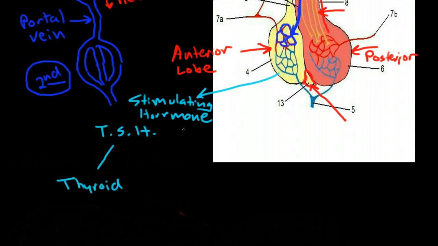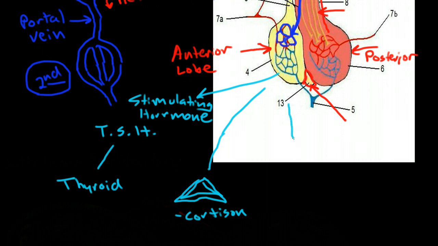And then similarly, there is adrenocorticotropic hormone that stimulates the cortex of the adrenal glands to release cortisol, and it communicates with follicle stimulating hormone and luteinizing hormone to the testes and the ovaries to release testosterone and estrogen, right?